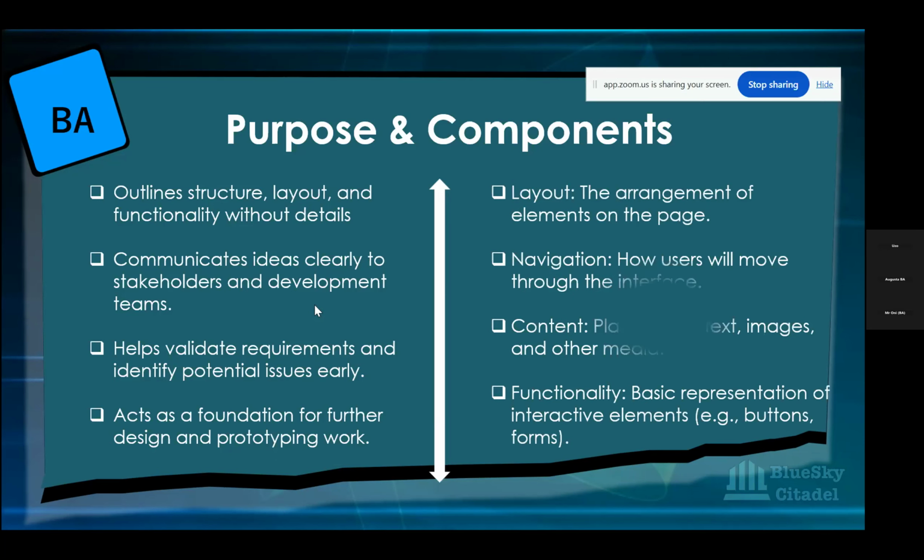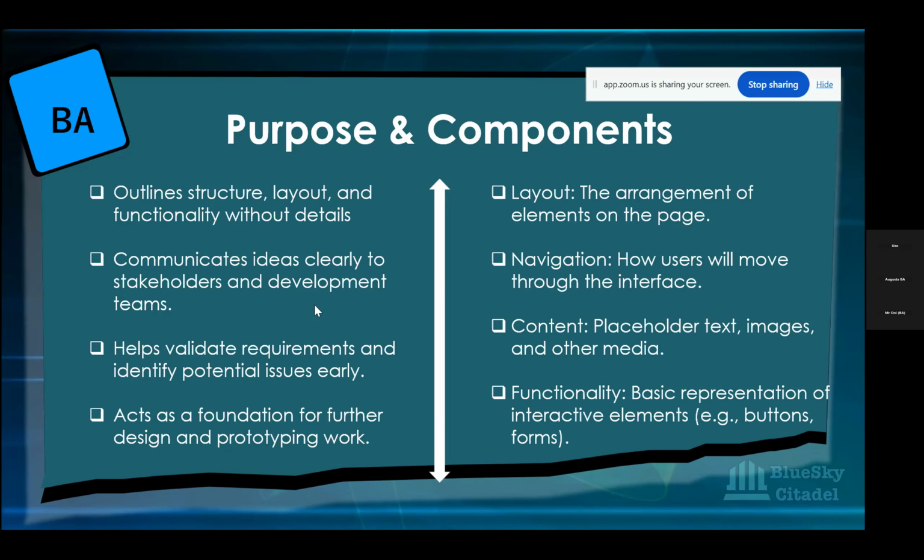Okay. So the components are, first, the layout. You have the layout of the application, all the different elements. It contains all of that: the positioning, the navigation, the content, the functionality, all those different things. If it has a way the users will move and how the system will respond, the wireframe will contain that.